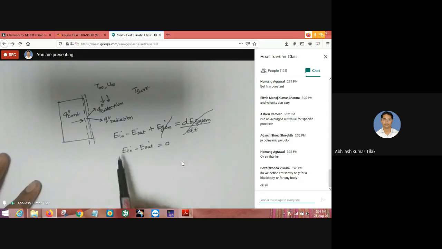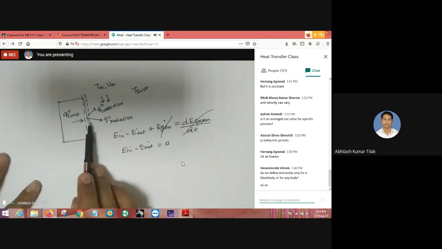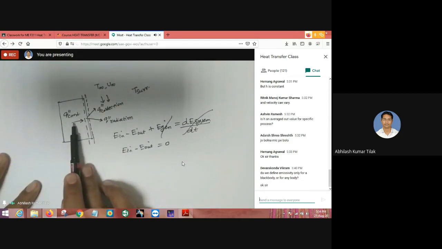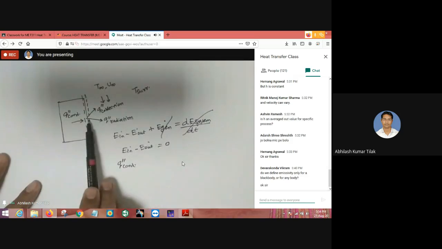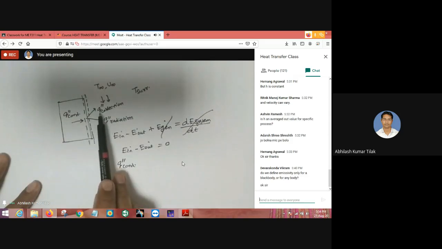Now, what is the E in into this surface? That is the conductive heat flux. So for E in, I write the conductive heat flux. What is the E out? It is the convective heat transfer and the radiative heat transfer.